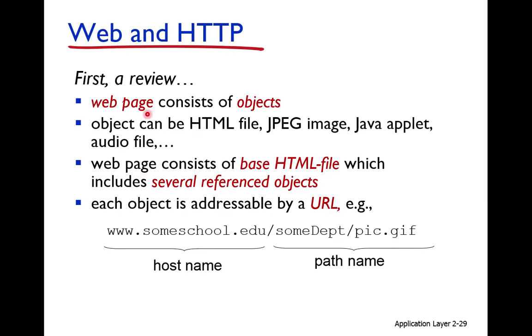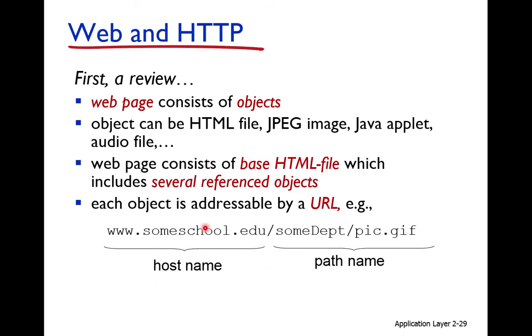And on a website, each object is addressable, identified by a URL, which is called Universal Resource Locator. The URL has two parts.